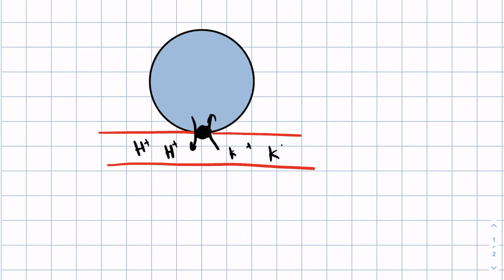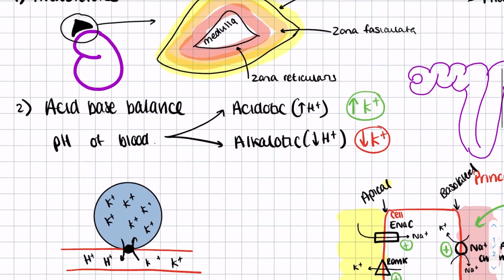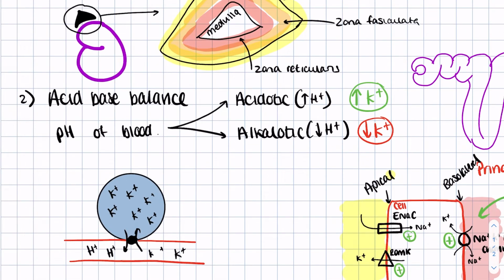Which would, of course, drop the concentration of circulating potassium. So, as aforementioned, in an acidotic system, potassium will increase on the outside, so in the blood, and in an alkalotic system, the potassium in the blood will decrease, so you get hypokalemia.